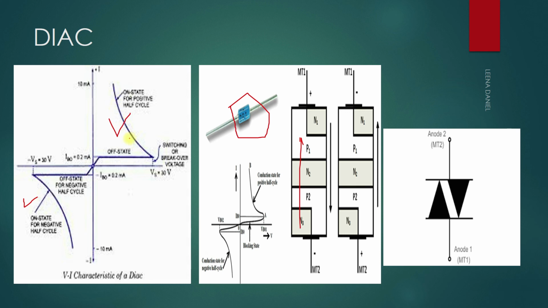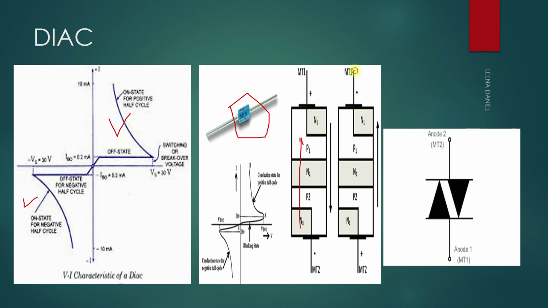This is the on position of the diac, or the forward conduction region. So it is just like a thyristor but with no gate. Without a gate, it has one breakover voltage at which it starts conducting, and before this point there is no conduction; it is the off state of the diac.